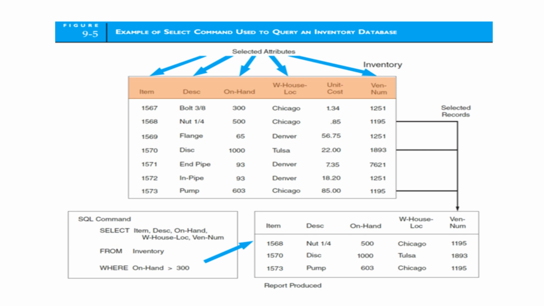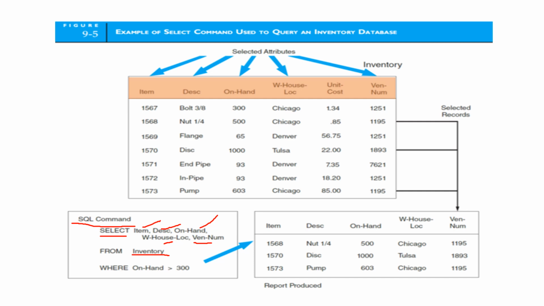Based on this inquiry or SQL command, what information is being requested? Items, description, on hand, warehouse, and vendor number. And then from where? From which table? From inventory.